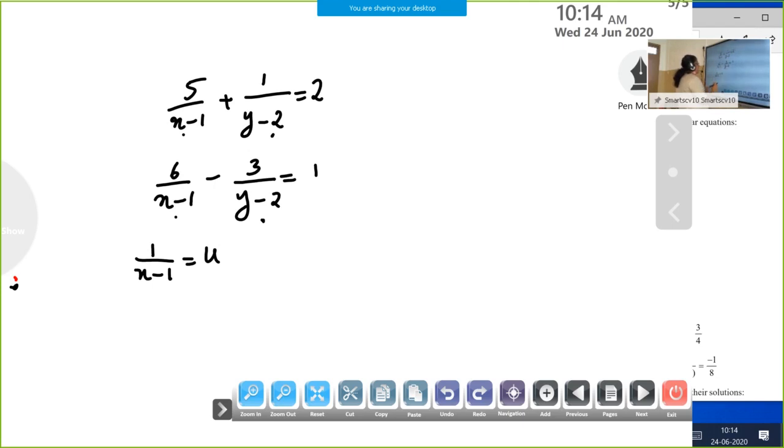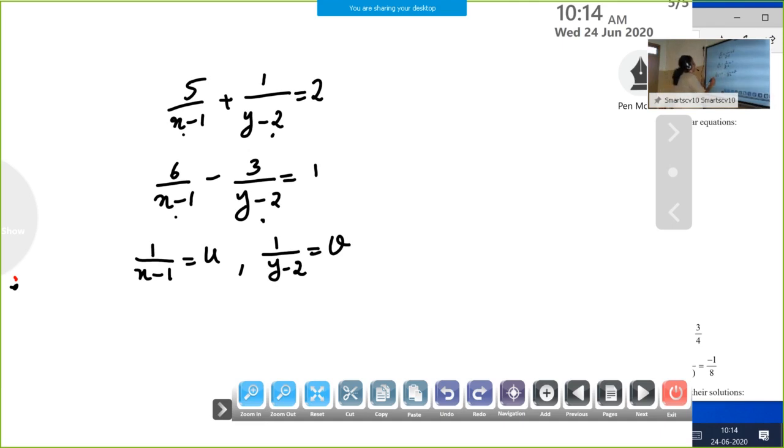And the second one, 1 by y minus 2 is equal to v.